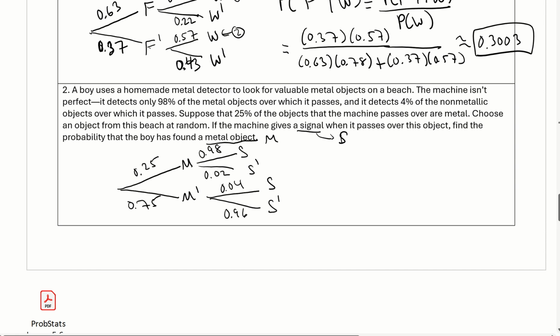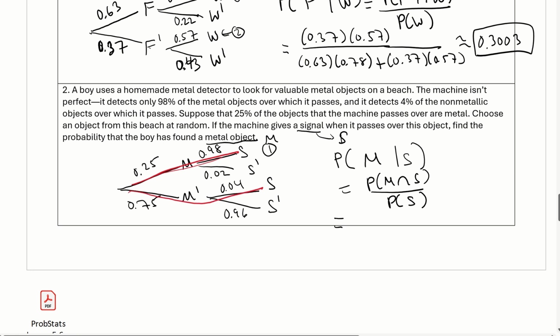So it says if the machine gives a signal, so that means given S, what is the probability that it's a metal object? Okay, so it's the probability of M and S divided by the probability of the given S. So M and S, that's this first pathway, okay? And then on the denominator, you have the top pathway plus this other pathway, where you just have a signal.